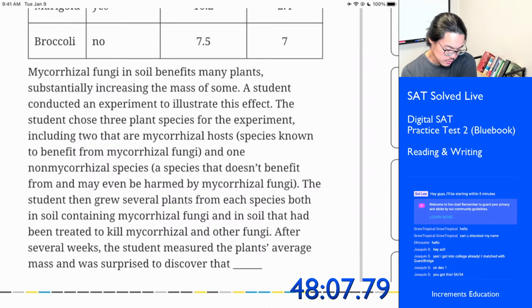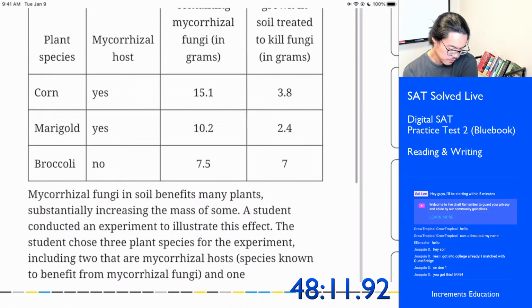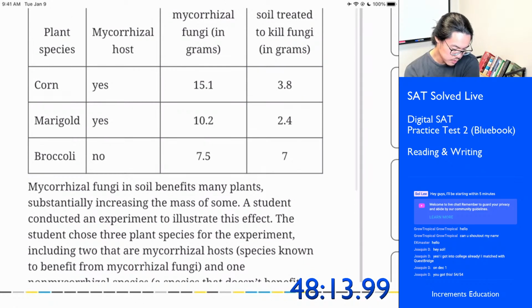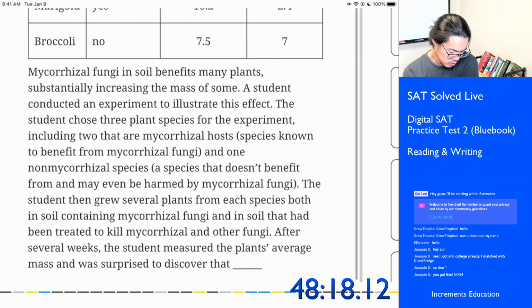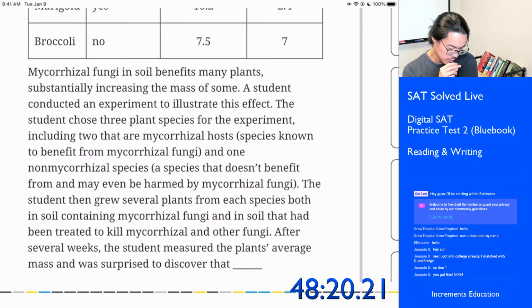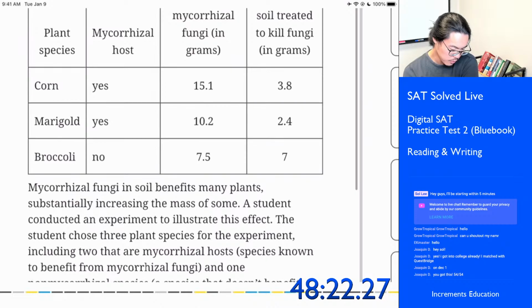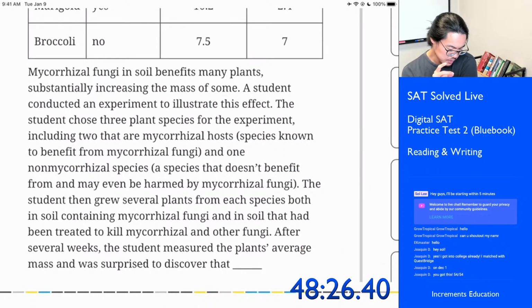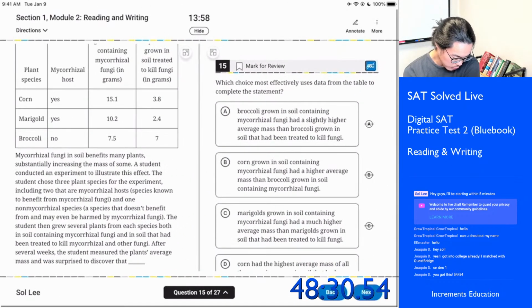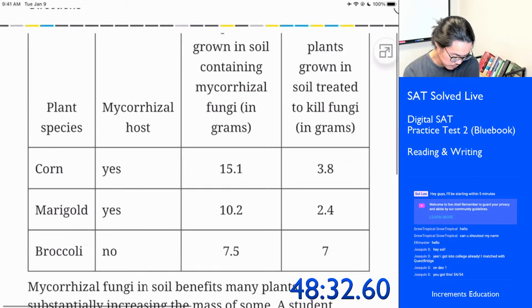And was surprised to discover something. Hang on. What's the surprise here? Isn't this exactly falling within prediction? The group had several plants from each species in soil containing the fungi, so they will obviously grow. Okay.